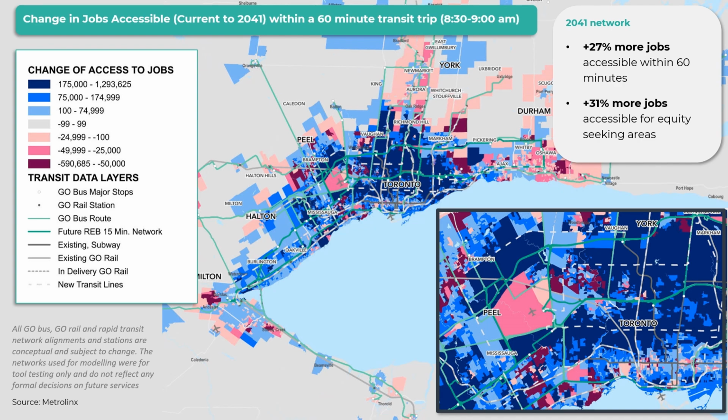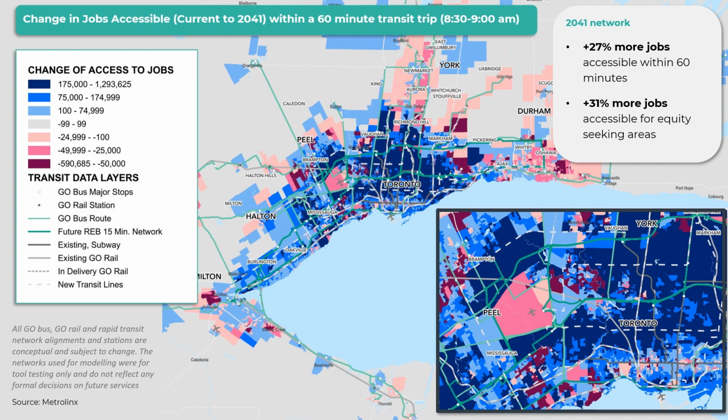Altogether, and these are the summary statistics that we're showing in the top right, 27% more jobs will be accessible within a 60-minute transit travel time network-wide. So this is the difference between the 2041 network and today's existing network. Again, there's been no changes to the underlying demographics. This is pure network improvements.